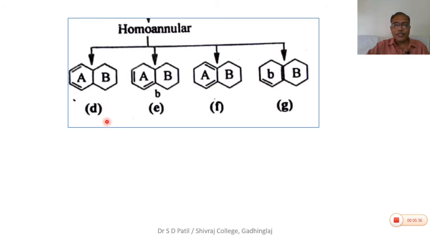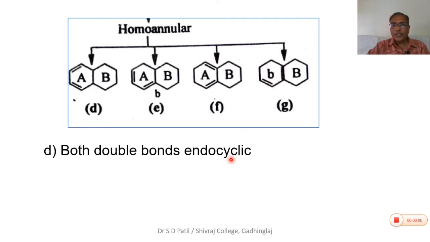These are all examples of homoannular dienes. They differ in some aspects. In this case, both the double bonds are present in ring A. In this case also, both are in ring A with a different position, and the last case is also homoannular diene with different position. So we shall see the details of these structures.